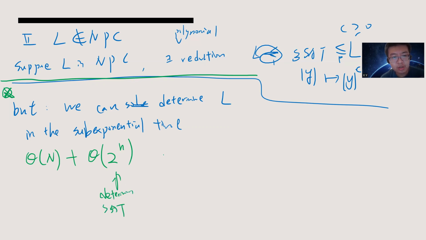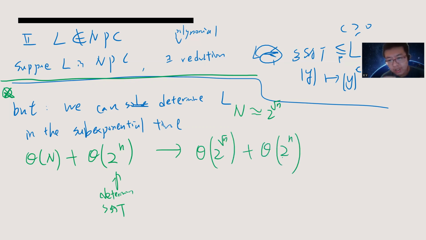So you remember your capital N is 2 to the square root N. So you can spend 2 to the square root N time plus 2 to the 2N time. But I don't want to write this, right? So this is basically big O 2 to the N, and I need to write it in terms of capital N. So you can check that if N is 2 to the square root N, that means that N log N is basically 2 to the square root of N.